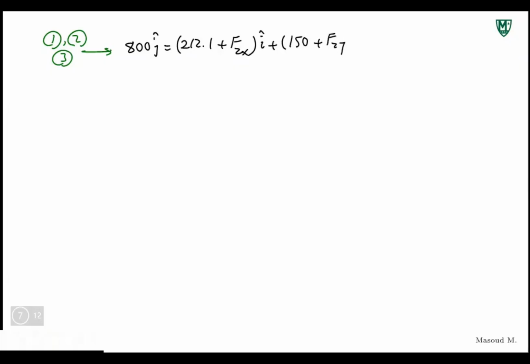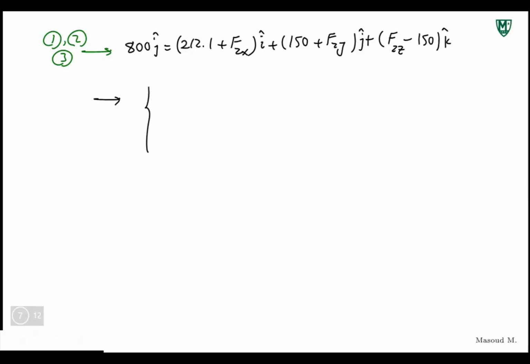If I put, let's say, 1, 2, and 3 together, I'll get 800j is equal to 212.1 plus f2x i plus 150 plus f2y j plus f2z minus 150 k.